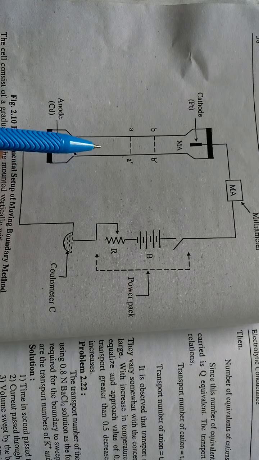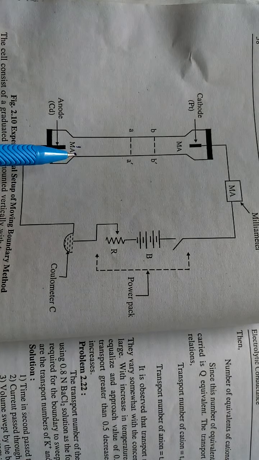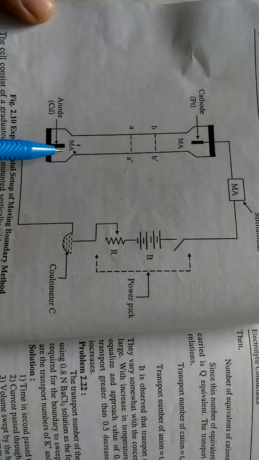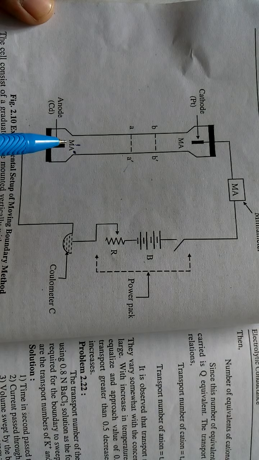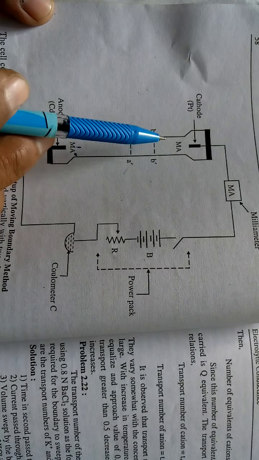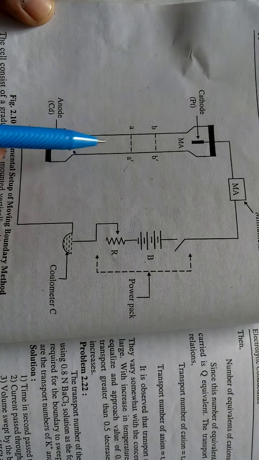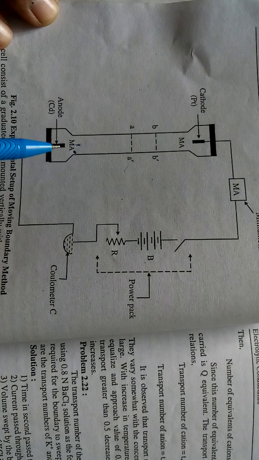What is the similarity in these electrolytic solutions? In both of them the anion, A, is common. We just change the cation: in this case the cation is M, while in this case the cation is M'. So we take two electrolytic solutions in which the anion is common.